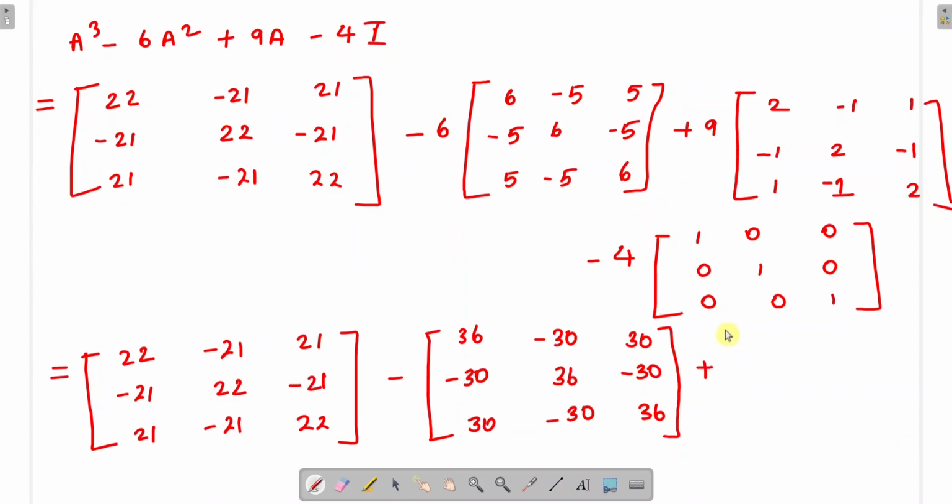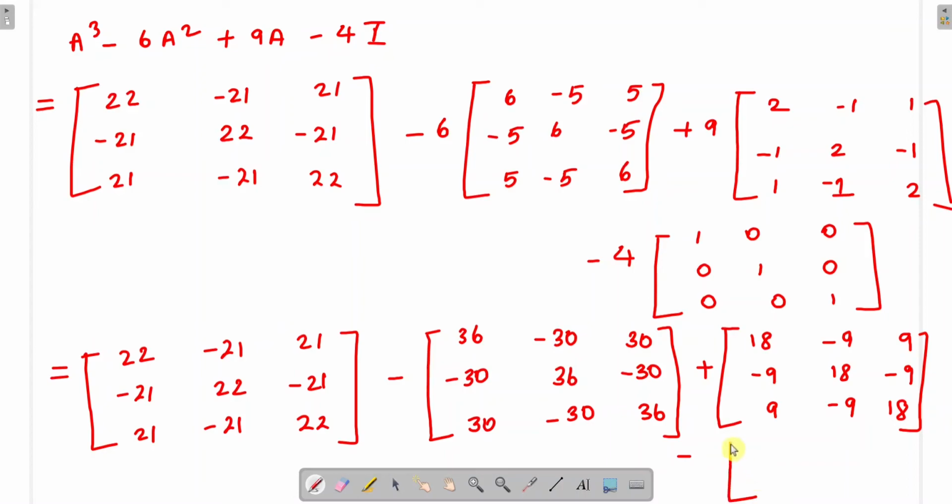Now plus we have this 9 multiplied by the matrix, so 9 times 2 is 18, 9 times minus 1 is minus 9, 9 times 1 is 9, 9 times minus 1 is minus 9, 9 times 2 is 18, 9 times minus 1 is minus 9, 9 times 1 is 9, 9 times minus 1 is minus 9, and 9 times 2 is 18.